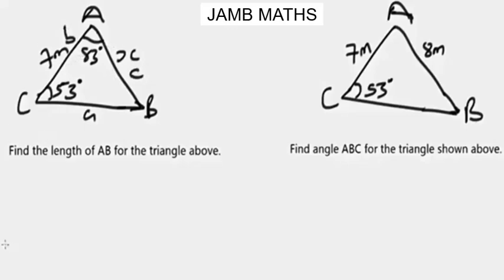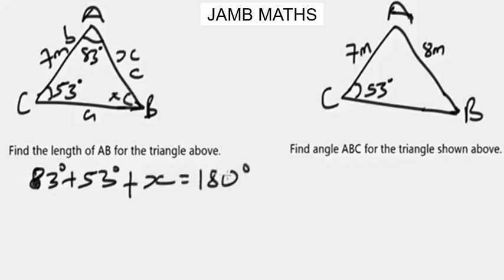To begin with, let's not forget that angles in a triangle add up to give us 180 degrees. So 83 degrees plus 53 degrees plus, let's say we want to find the angle here, let's call this X, equals 180 degrees.